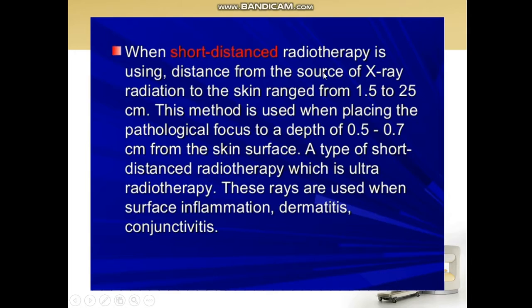The distance between the source of radiation and the patient is from 1.5 to 25 centimeters, and this method we use for treatment of pathologies to a depth from 0.5 to 0.7 centimeter from the skin surface.